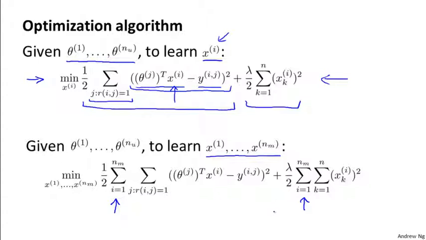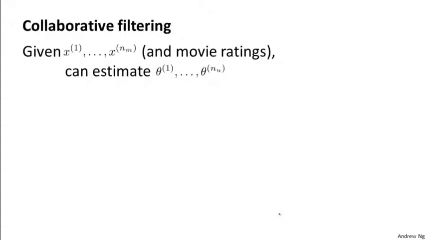So putting everything together, the algorithm we talked about in the previous video and the algorithm that we just talked about in this video. In the previous video, what we showed was that if you have a set of movie ratings, so if you have the data, the rij's and the yij's, then given features for your different movies, we can learn these parameters theta.